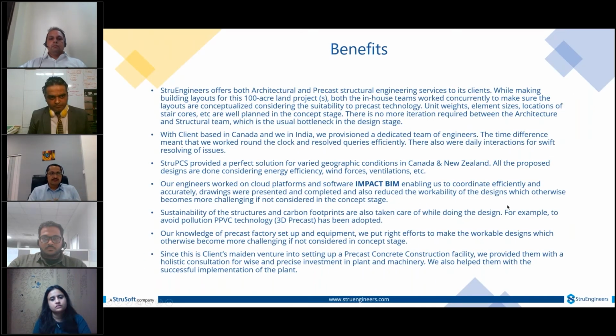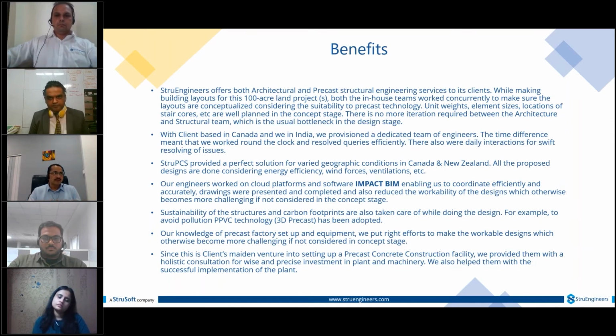So what are the benefits basically? It was just 100-acre land and we just had to develop it.